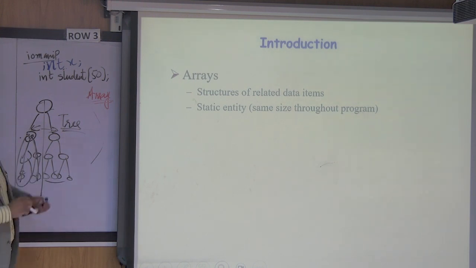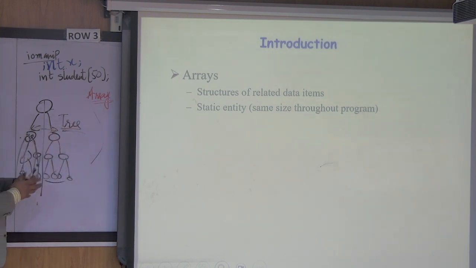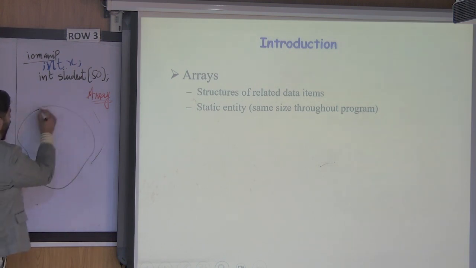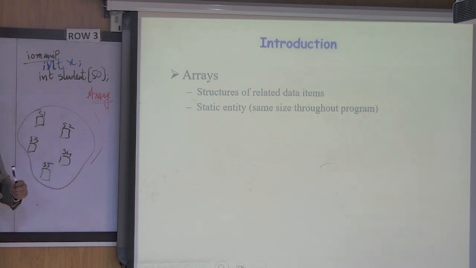Tree. It is another data structure. In the same memory cloud, what if students are scattered? Student 1, student 2, student 3, student 4, student 5. Okay? What if students are scattered?